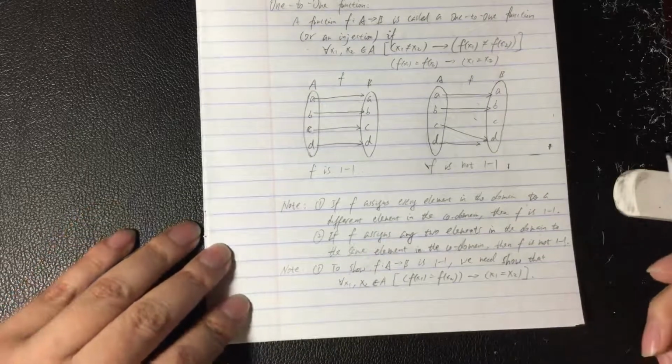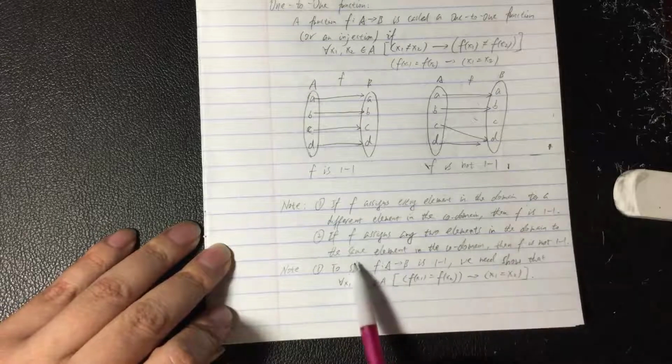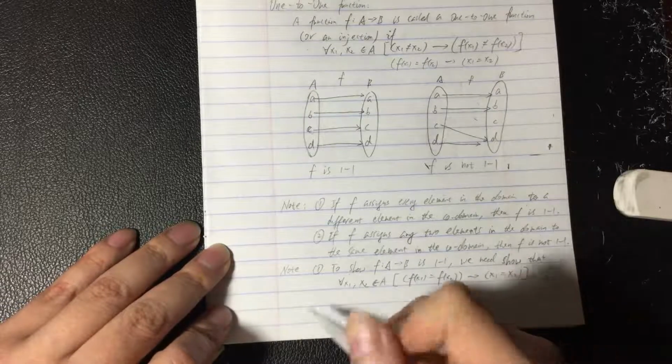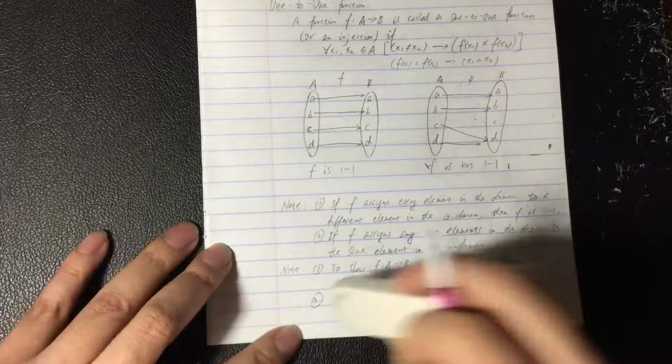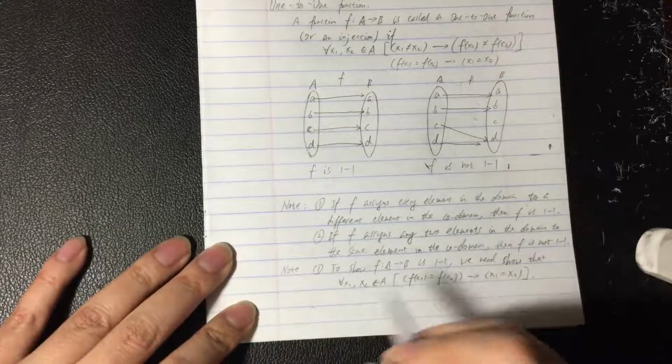To show F is not one-to-one, we need to show F assigns two elements in the domain to the same element in the codomain. So we can use the negation of this statement.